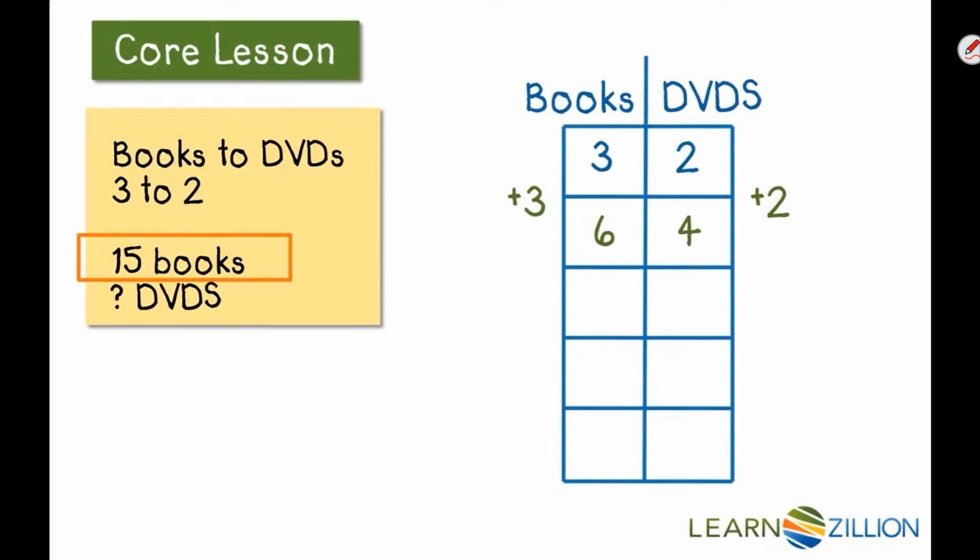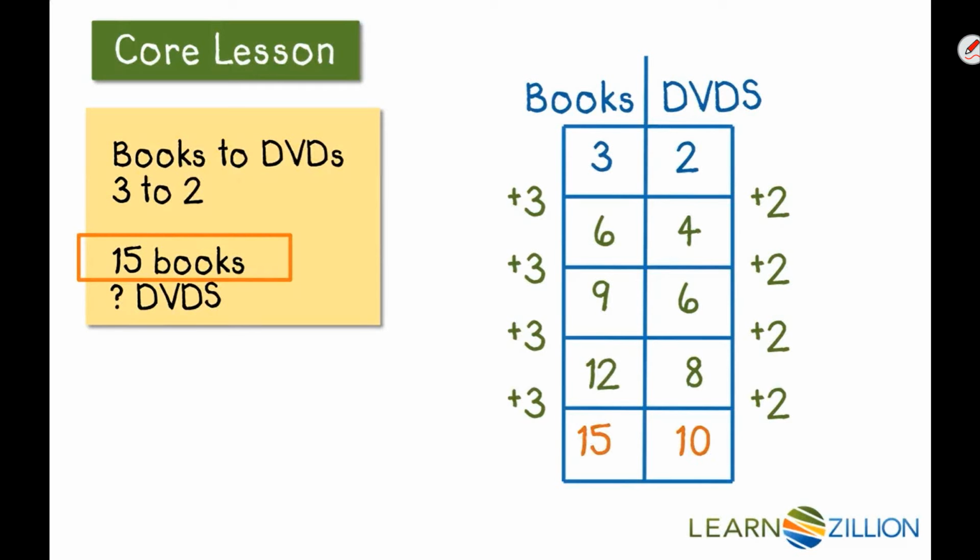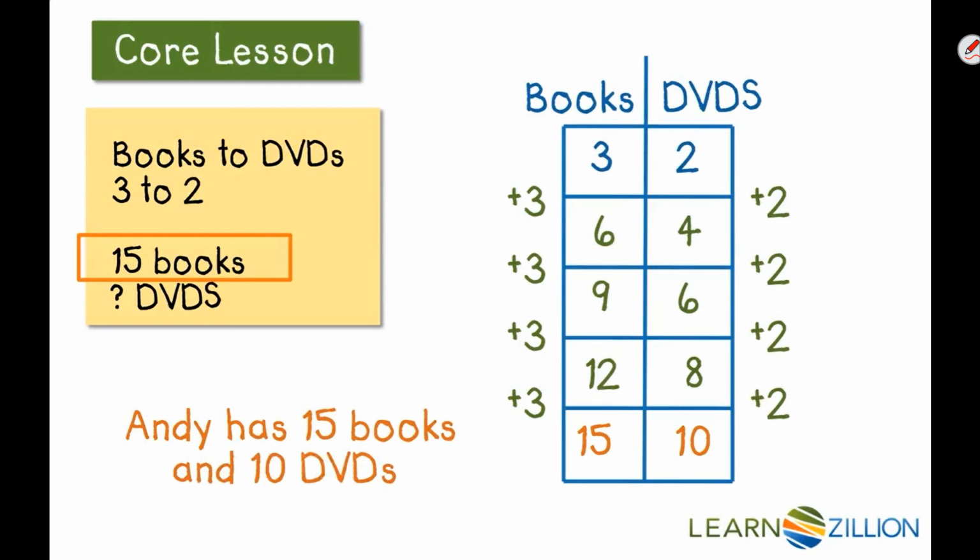Then he would have 6 books and 4 DVDs. What if he had 3 groups? What if he had 4 groups? And so on and so forth, until you figure out that it takes 5 groups to see that Andy has 15 books and 10 DVDs. Ratios always work in this grouping fashion. That's why tables are especially useful in figuring out missing information.